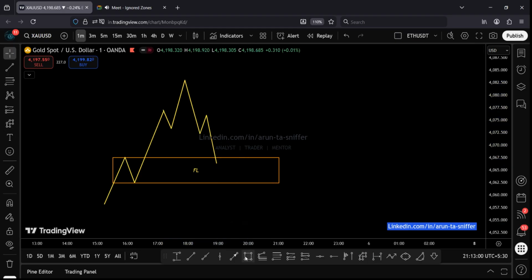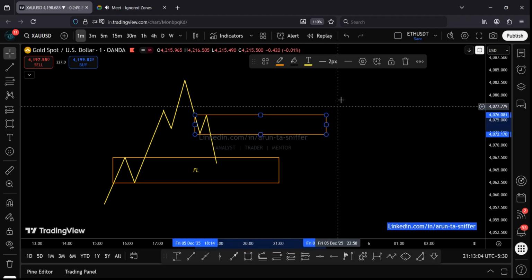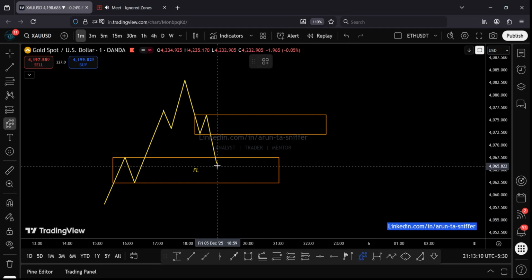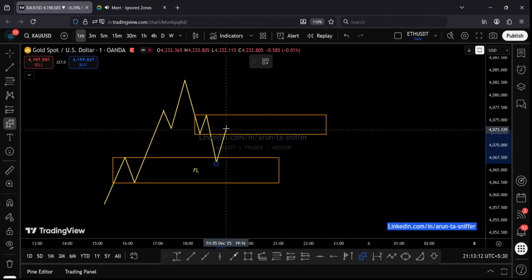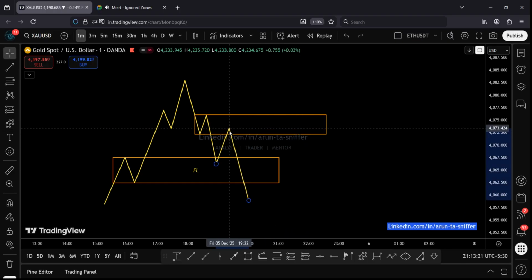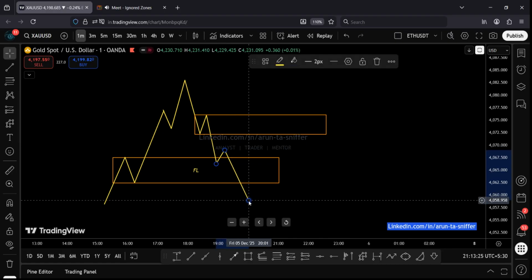So when price comes and hits this FL, what price should do is go back to at least this FL, and then come down. But what happens when price just reacts, bounces a bit and comes back down?